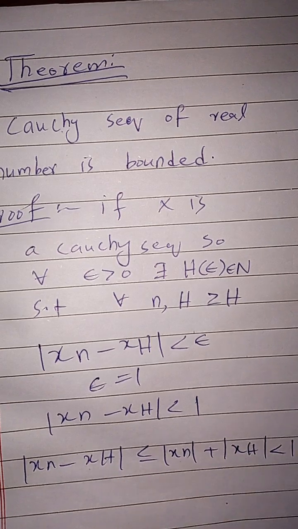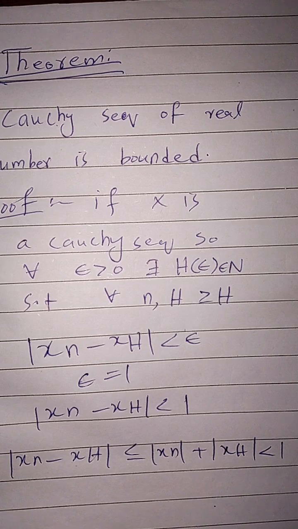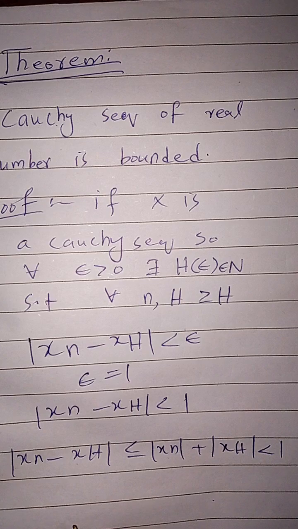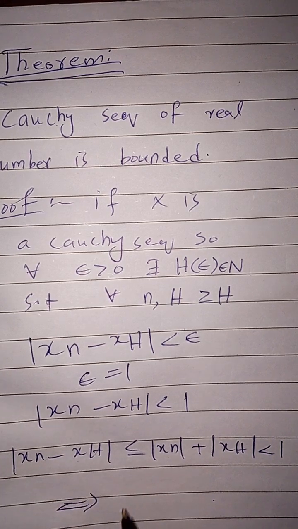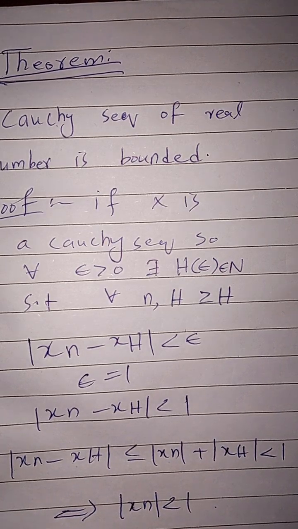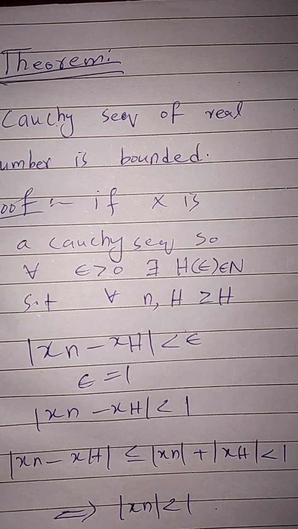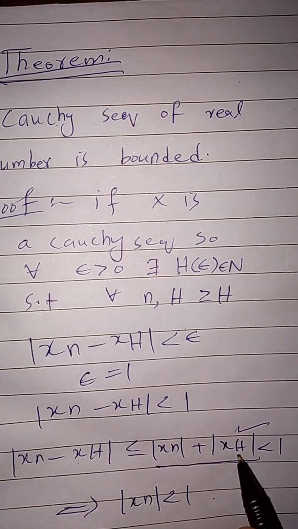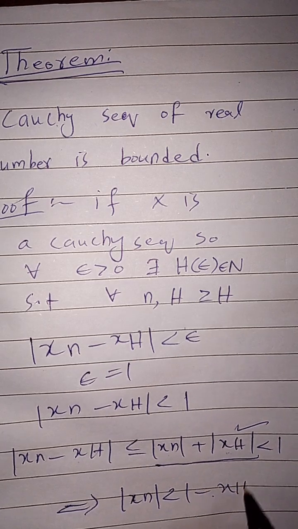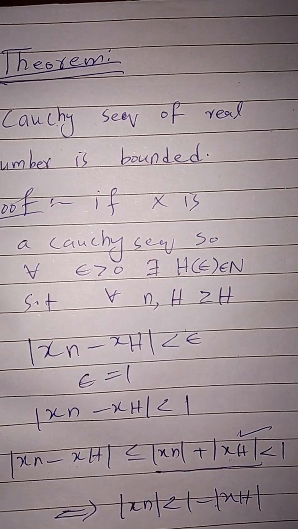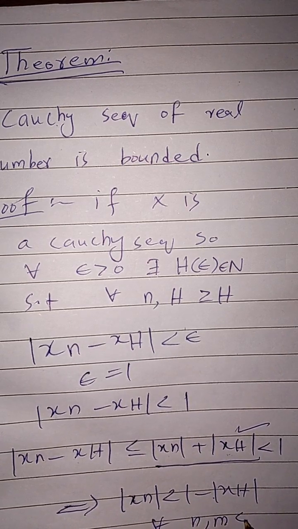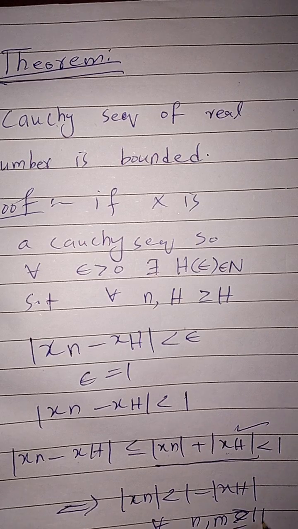So these are basically less than 1, and we can also write that mod xn is less than 1 if we shift this mod xh to the right side. Then this will become mod xh, for all n and h, m greater than or equal to H.